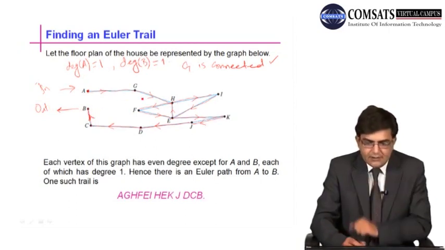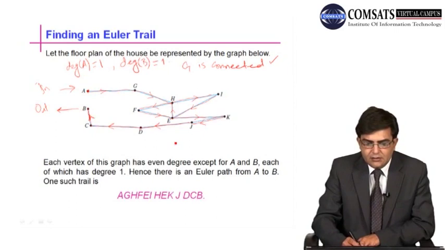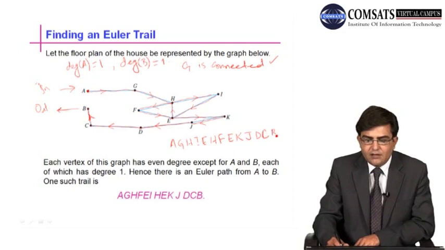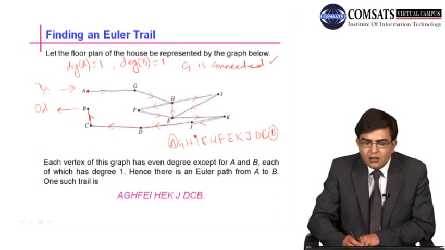So this is basically, if we write this path, A, G, H, I, E, H, F, E, K, J, D, C, B. So starting point A, ending point B. It uses every edge exactly once, yes, and every vertex at least once, yes.